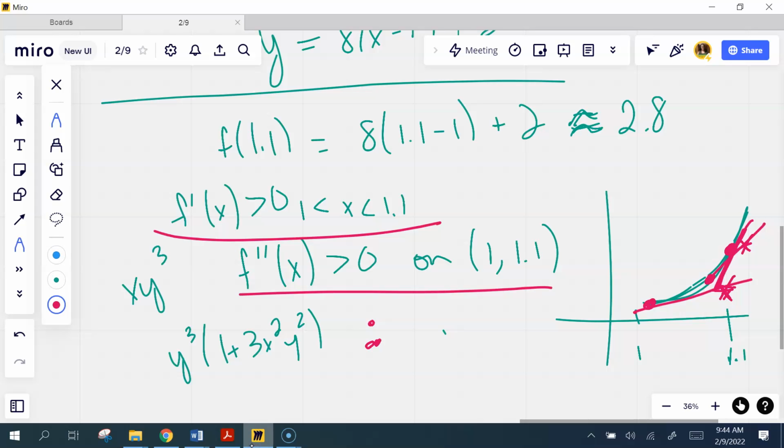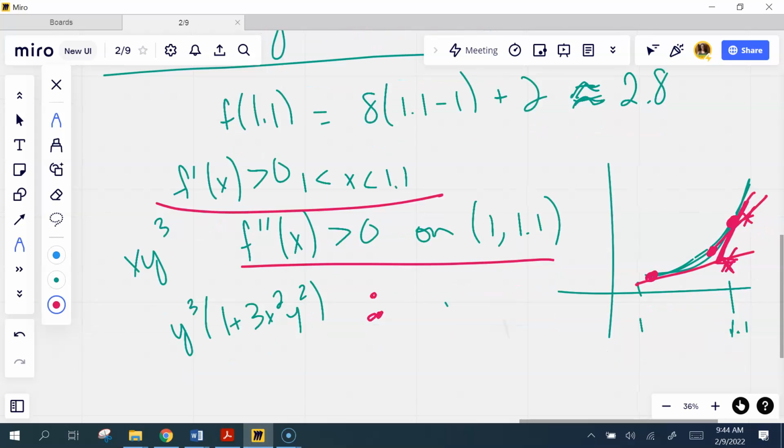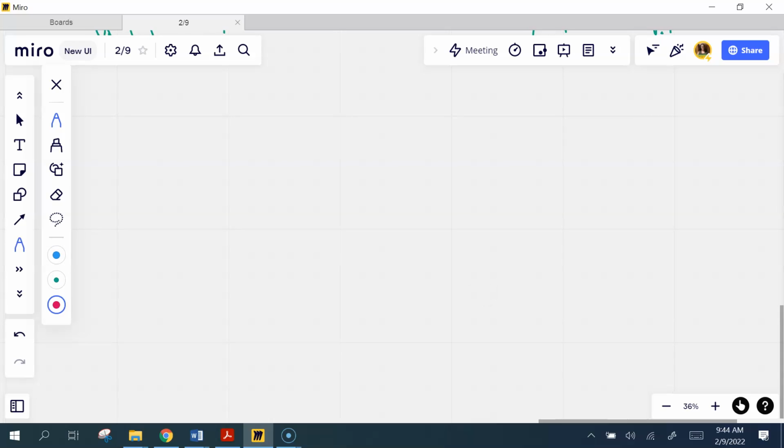Part 3 is exactly what we've been doing. It's a separation of variables, and we'll run through that real quick. Find the particular solution, y equals f of x. If it ever gives you a differential equation and it asks you to find the solution, that's where we do separation of variables. So dy/dx equals f of x with the initial condition f of 1 equals 2.